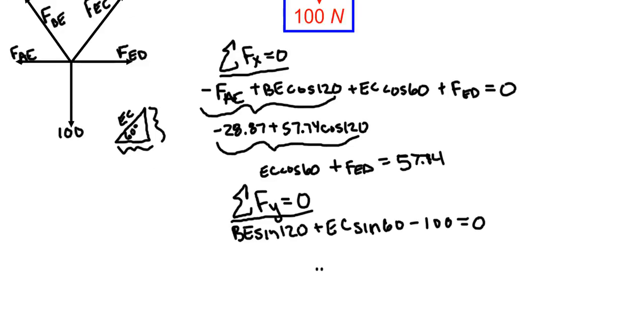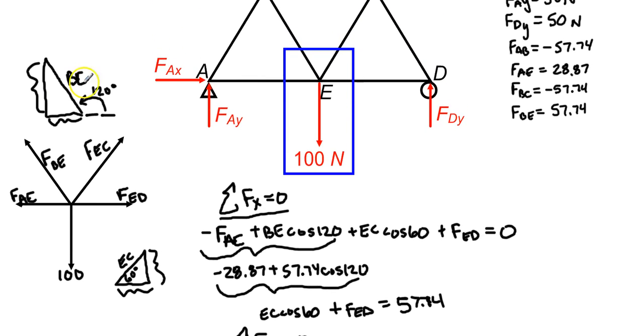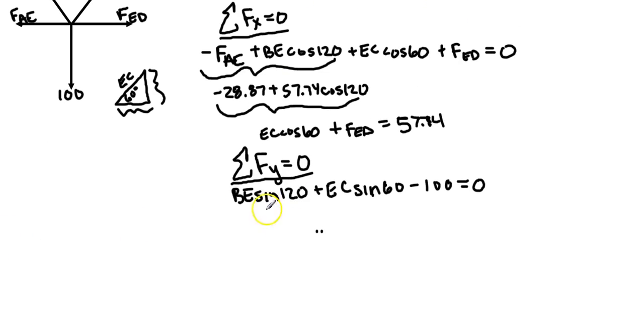BE, we have solved for BE. BE up here is 57.74 times the sine of 120, minus 100, plus EC times the sine of 60.